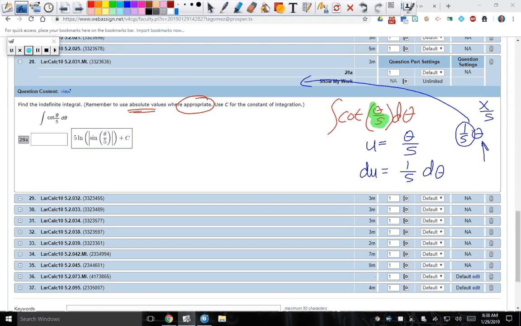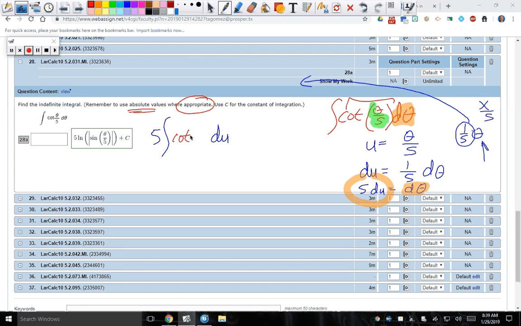Alright, so this 1/5, if I multiply it to both sides by 5, I get 5 du is d theta. Now, in my original problem where I used to see this d theta, I'm going to replace it with 5 du. So let's rewrite, 5 du, and now I just have to account for cotangent of what?